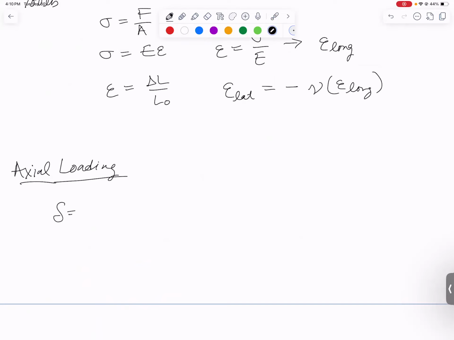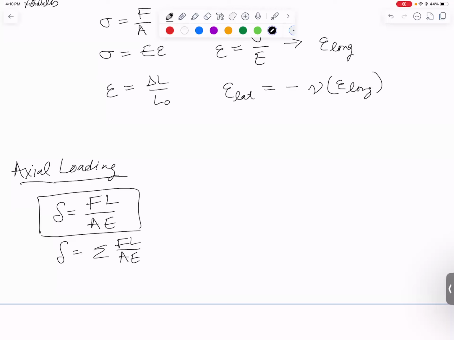That single equation said length change, we started using a lowercase Greek delta for it, is the force times the length over the area times the modulus, or we would sometimes write this as the summation of all of the forces times the length over area times E. The really important thing that I want to mention here is this F must be the internal force, which is not always the same as the externally applied loads that you see.